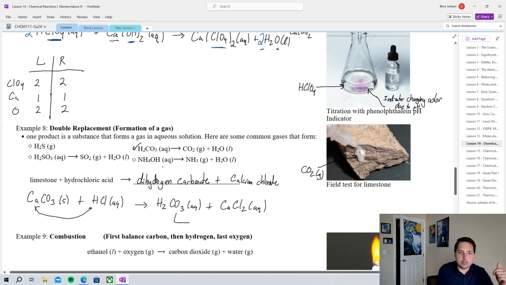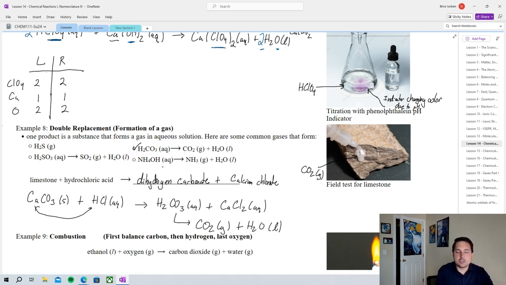So this is going to immediately break down and form CO2, and we're going to get water. Okay, so the overall reaction is calcium carbonate reacting with hydrochloric acid to give us carbon dioxide, water, and calcium chloride. And we do also want to balance this reaction.